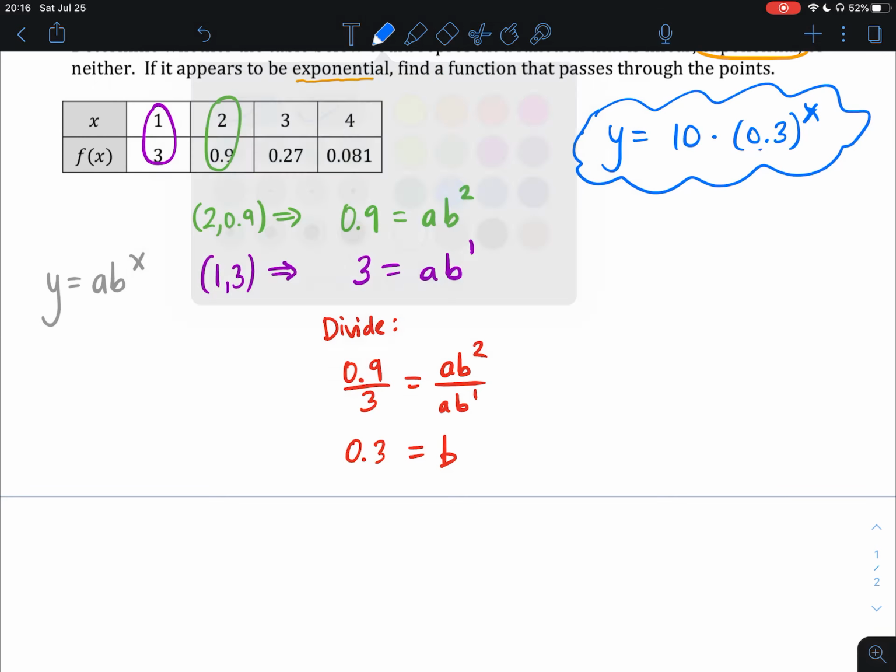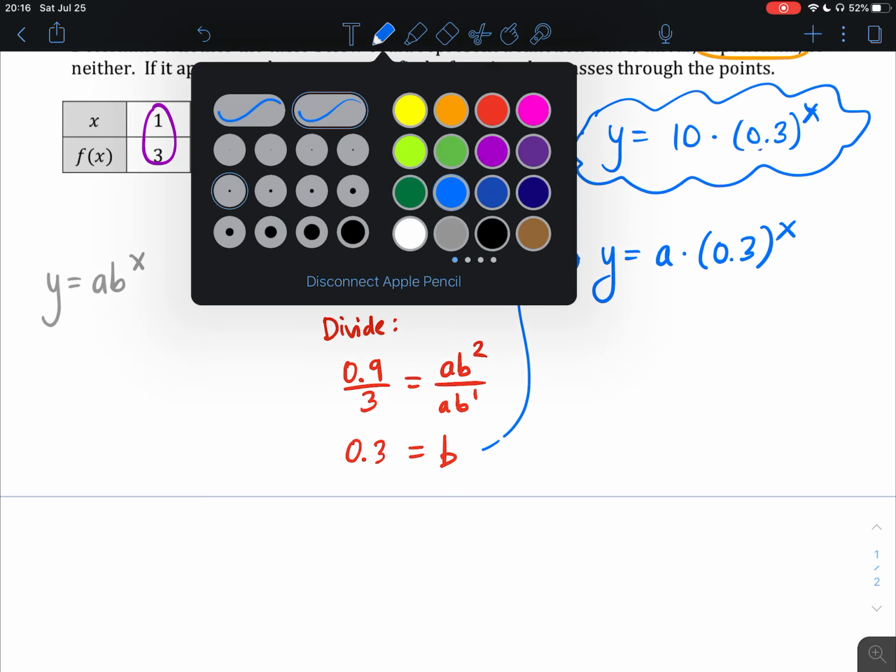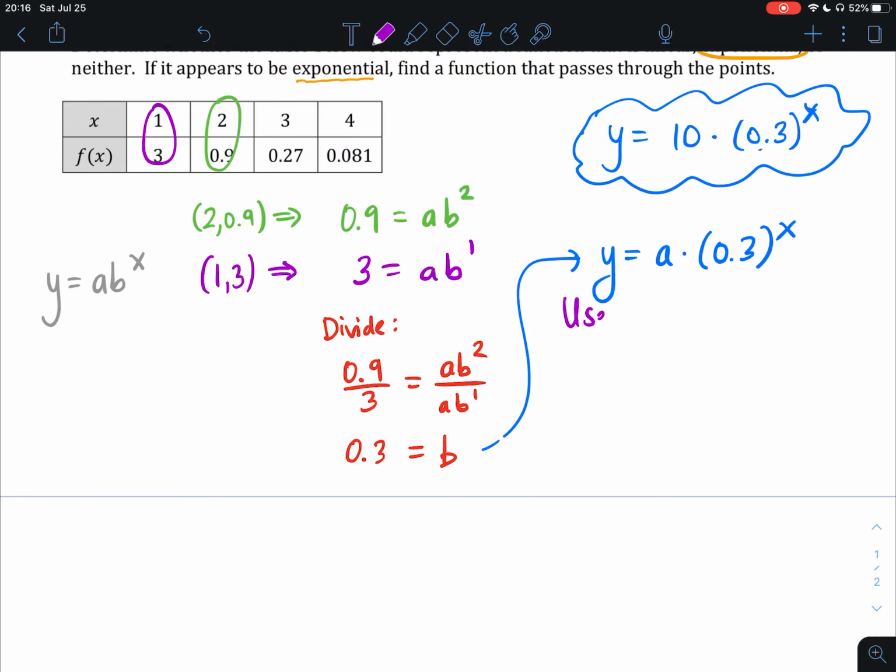And then in this method, since we found the b value, I can update our model. Based on the b we just found, y equals a times 0.3 to the x. Then I can use any ordered pair from the data set. Maybe I'll use 1, 3 to solve for a. So I'll plug in 3 for y. We already know b is 0.3. I'm plugging in 1 for x.